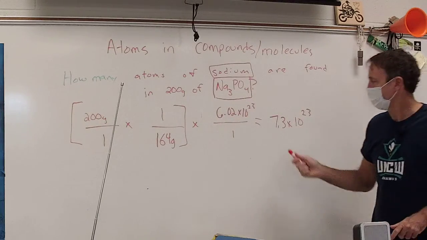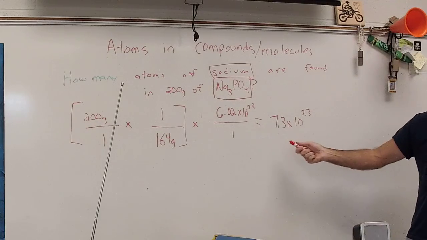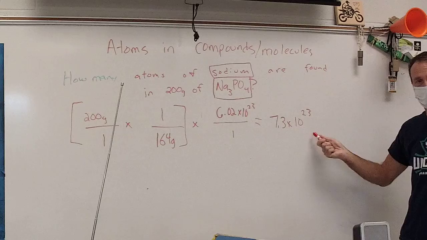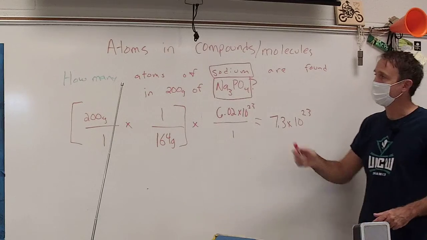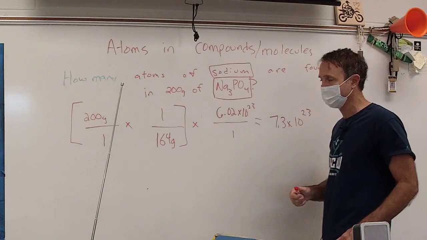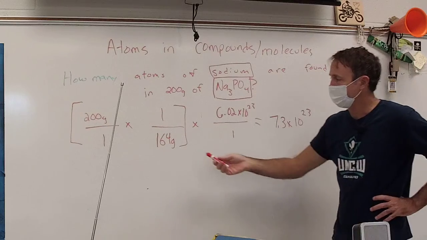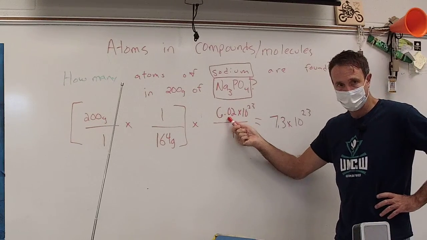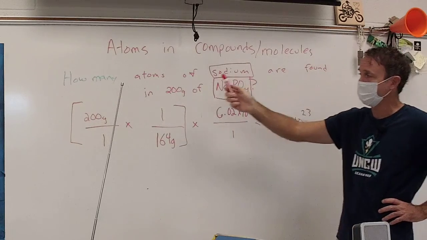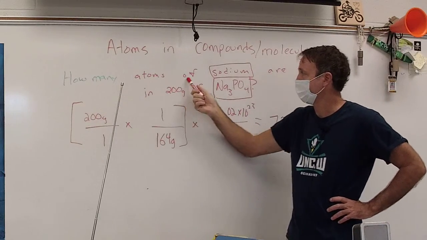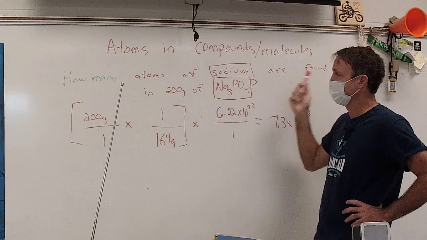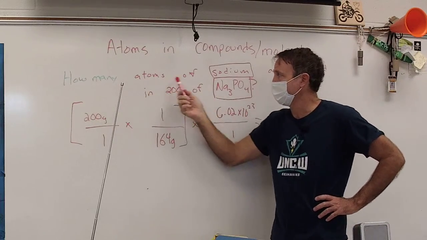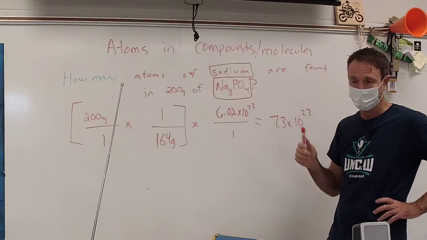Now, this right here is the total number of compounds of sodium phosphate. Since we use 164 and 6.02 times 10 to the 23rd, it's just like the problem said, how many compounds of sodium phosphate are found in 200 grams? But the problem really says how many atoms of sodium.